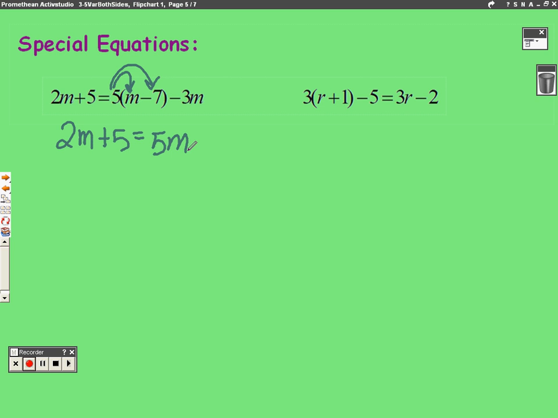Keep going. Okay, and what do I need to do next with this one? Yes, I have to combine like terms on the right side again. So it's 2m plus 5 equals, what's 5m minus 3m?